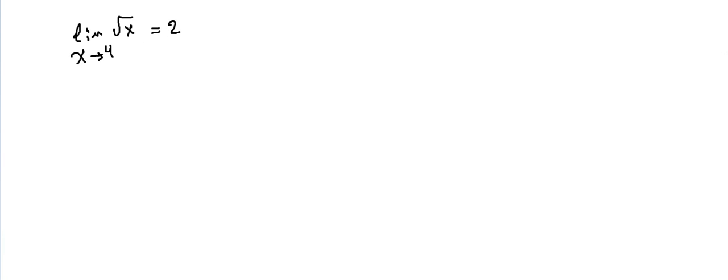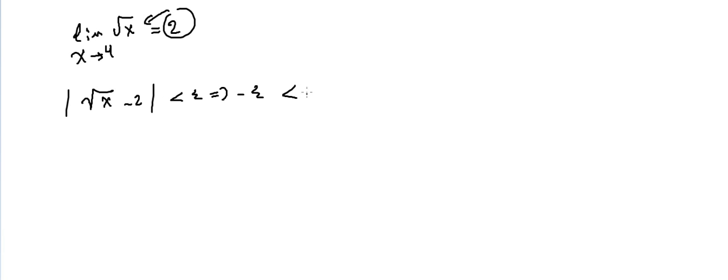Same. We start with the absolute value of radical x minus L, which is 2, is less than epsilon. What does that mean? It means minus epsilon is less than radical x minus 2 is less than epsilon.